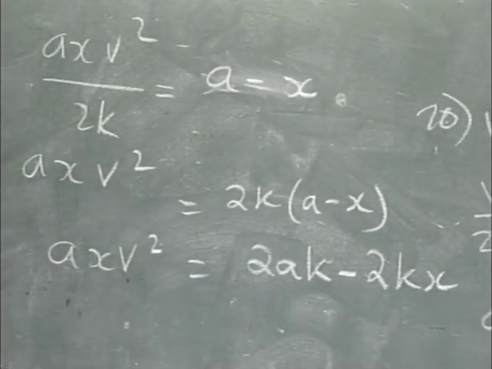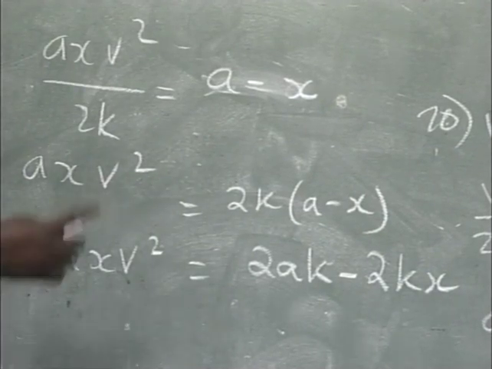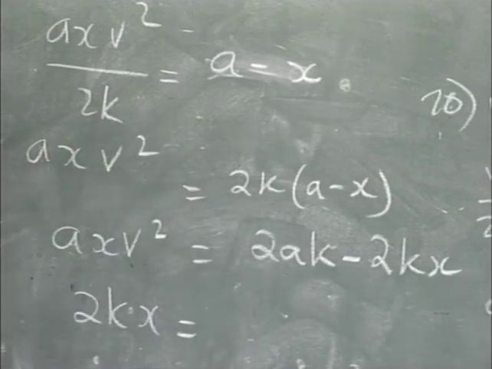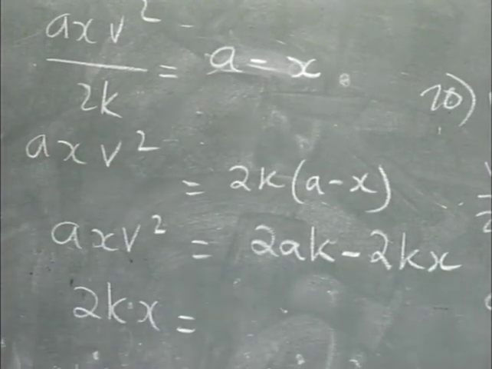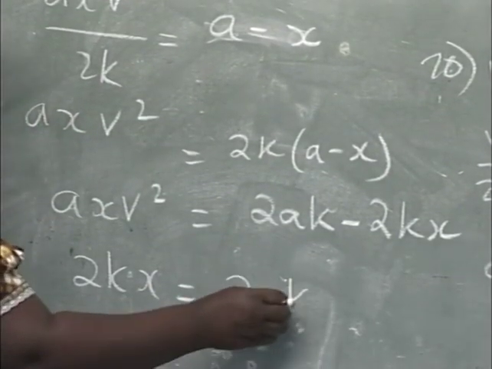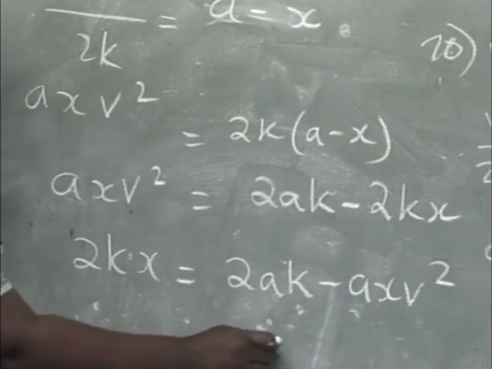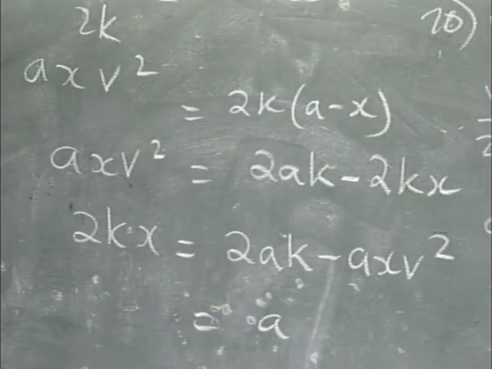Now I can bring the a's together. I'll bring 2kx to the left hand side and subtract ax v squared. So 2ak minus ax v squared. And then I factorize.